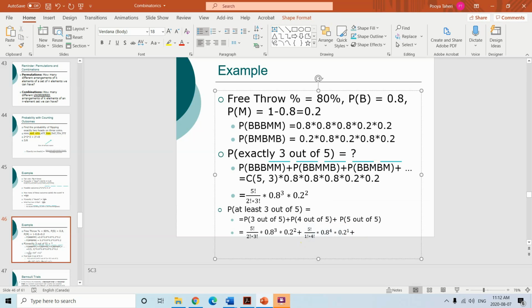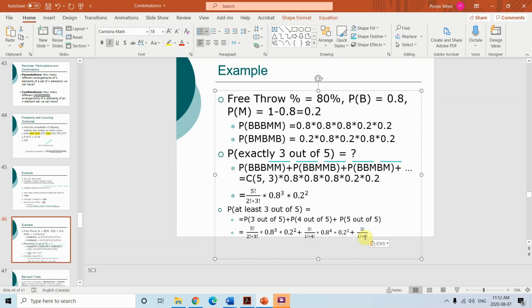And finally, the last one, it's having exactly 5 successful throws out of 5. So this one, basically we want all of them to be baskets. We want all of them to be B. How many sequences can we have out of 5 where all of them are B? Only one, right? Only one sequence, which is the combination of 5 objects out of 5.